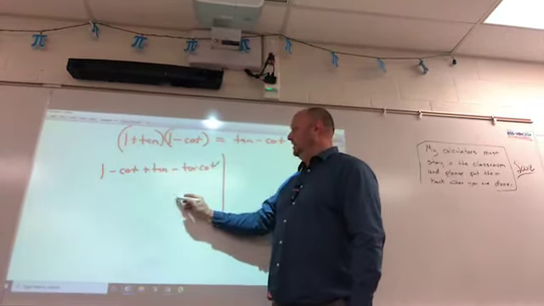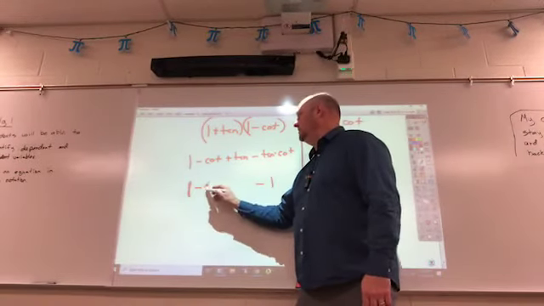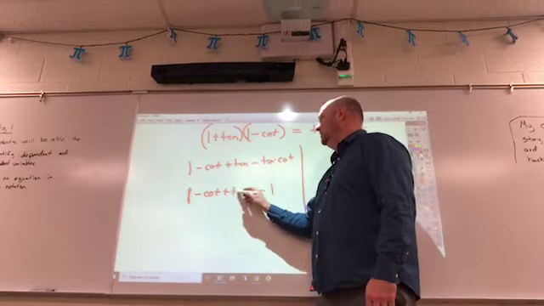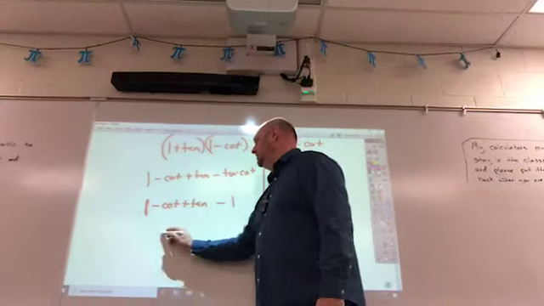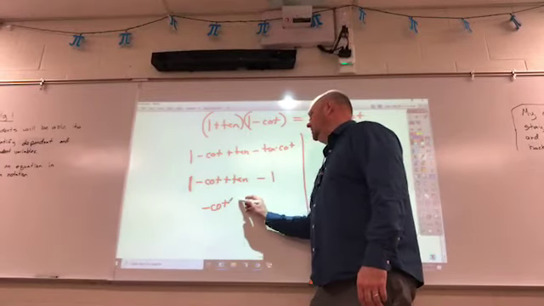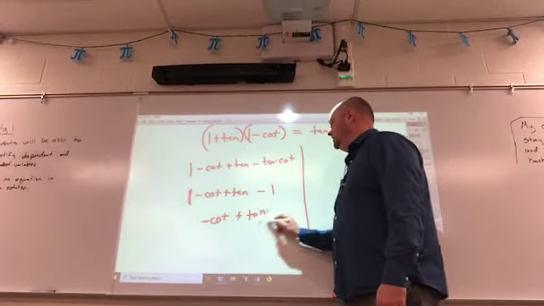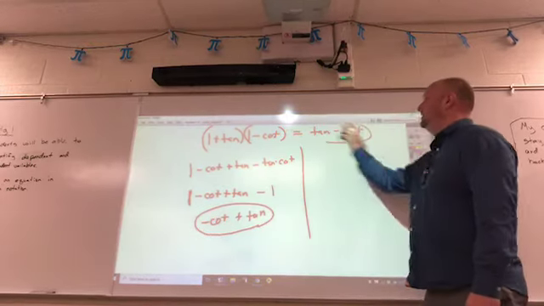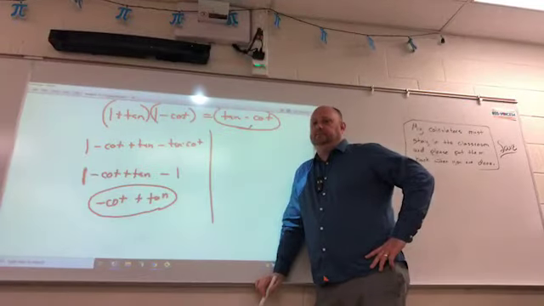So this just becomes negative 1. What happens to my 1s? They're gone, and all I have is negative cotangent plus tangent, which is the exact same thing as that, just backwards.